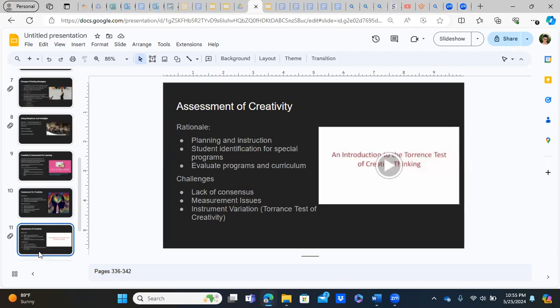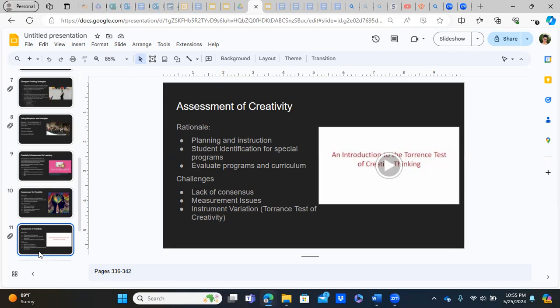So now we want to talk about assessment of creativity. This was going to be a fairly brief slide. We're wrapping up here, but the rationale for the assessment of creativity is we've got to have some data for planning and instruction.